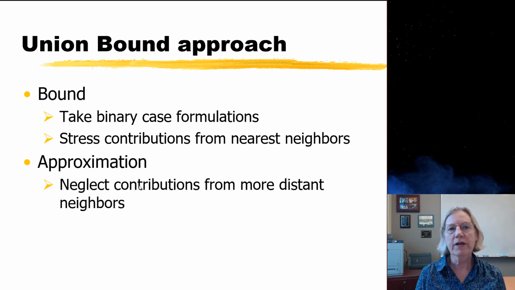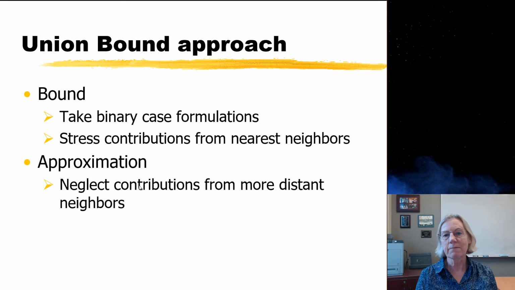So to do that, I'm going to use what we call the union bound approach. It's a bound that takes the binary case formulation and it stresses the contributions from the nearest neighbors. And in the approximation, it actually neglects contributions from more distant neighbors.